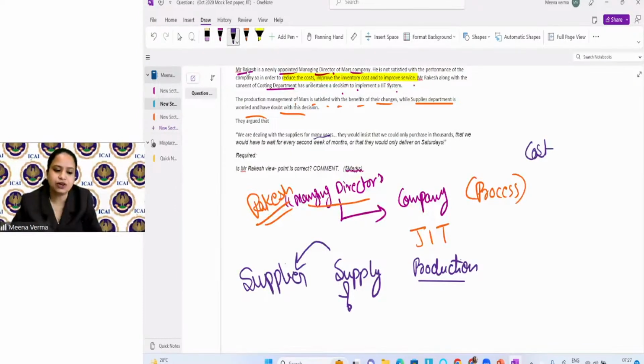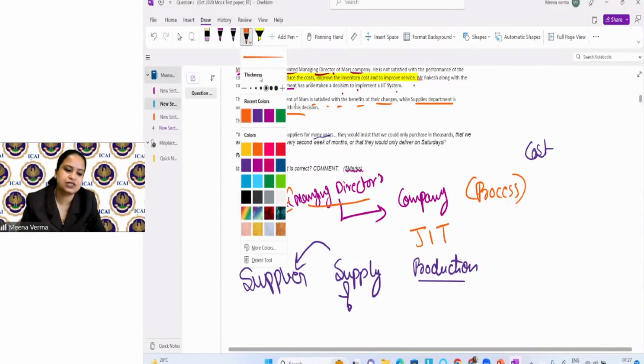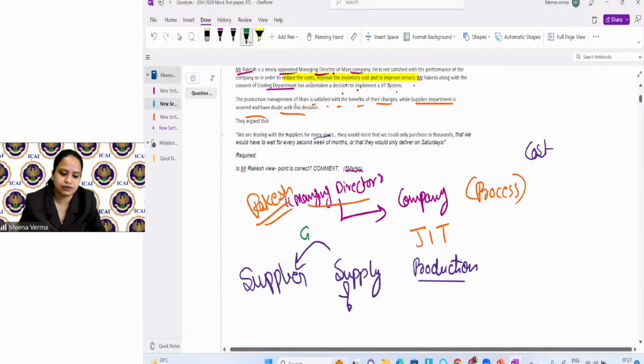If you remember, I told you in just-in-time system, it is very important to maintain a good relationship with the supplier. So here the supply department is worried about implementation of just-in-time system, and they have a doubt about it.